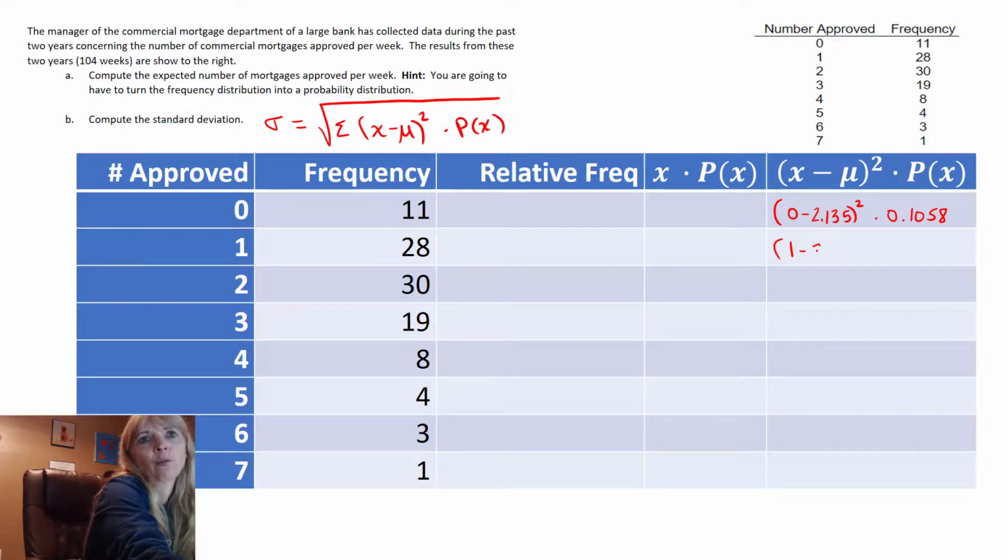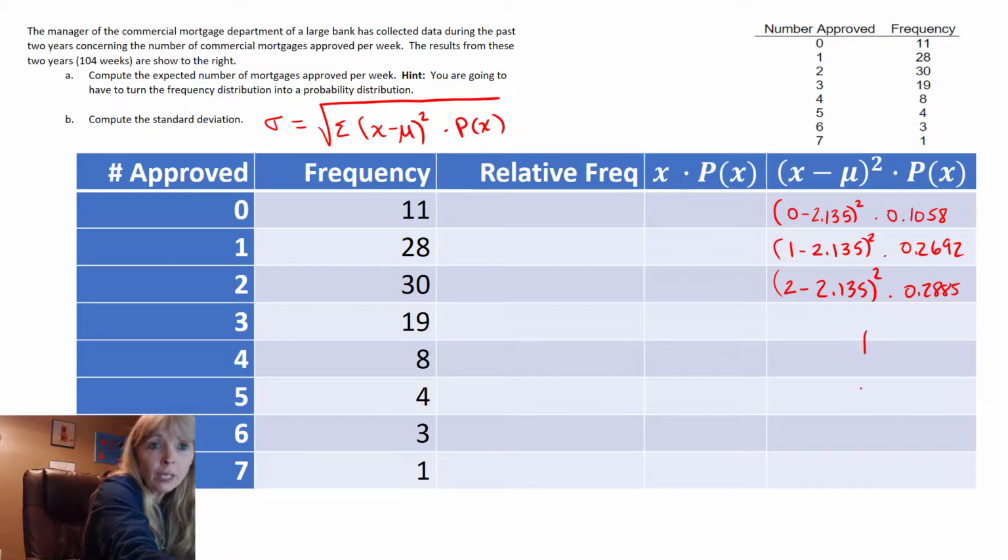The x value minus the mean, which is not going to change, squared, times this probability, which was 0.2692. Do the next one: 2 minus 2.135 squared times 0.2885. And you continue to do this, and you add them all up.